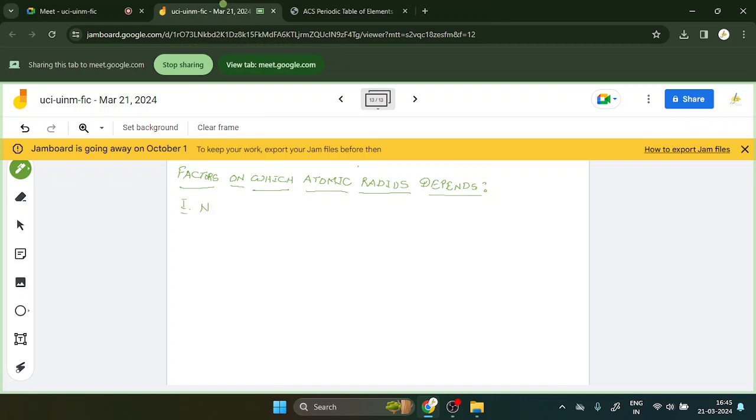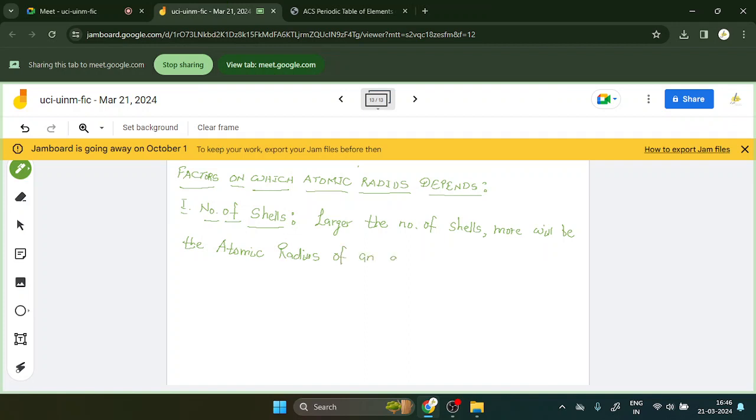So number one is number of shells. You said it right in the beginning: larger the number of shells, more will be the atomic radius or atomic size of an atom.